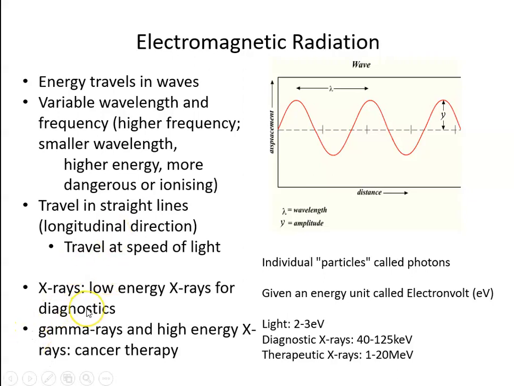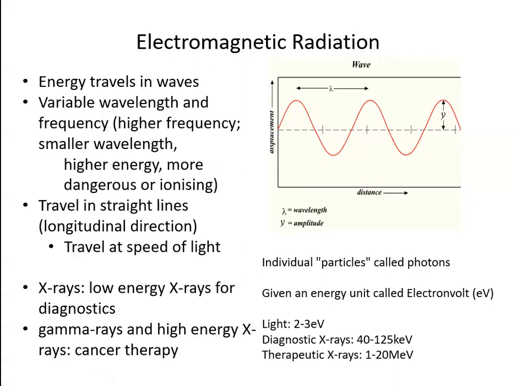When we're dealing with X-rays, we can have low energy X-rays that are used in diagnostics. And we have a unit of energy for our electromagnetic radiation. So visible light is in the order of 2 to 3 electron volts, whereas diagnostic X-rays are 40 to 125 kilo electron volts.